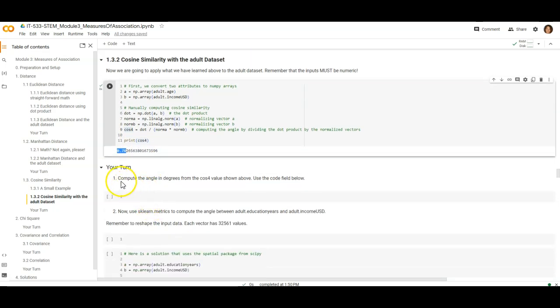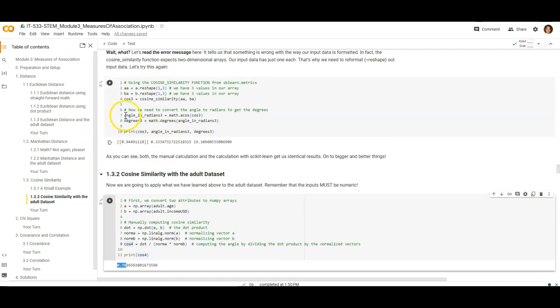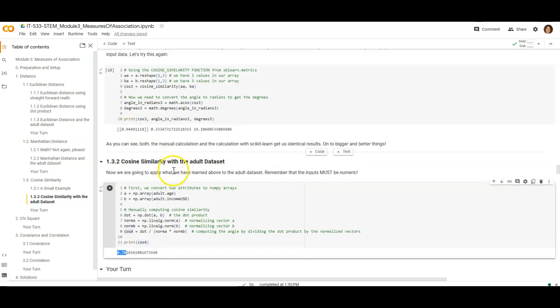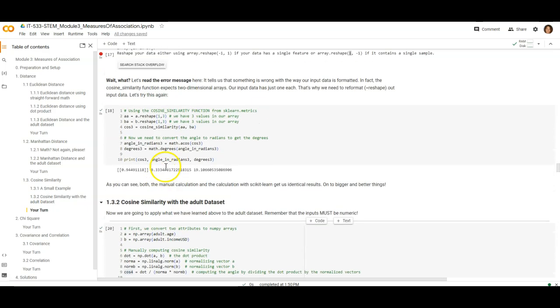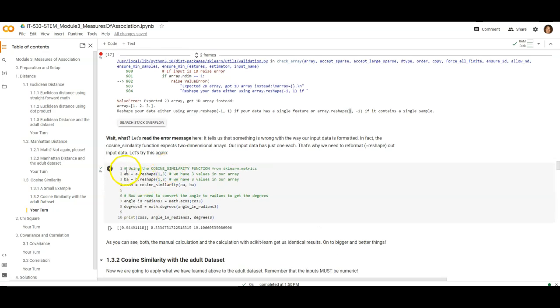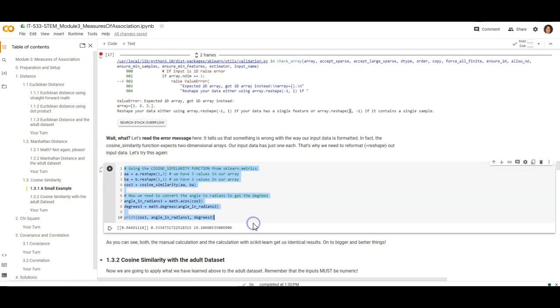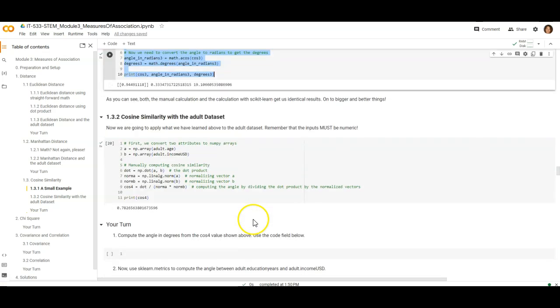I'm going to ask you here to compute the angle in degrees from this value here. And the way that you would do this is to apply the angle in radians and the degrees. And then I'm going to ask you to use sklearn metrics, which is this process to determine the cosine similarity, not between age and income USD, but between education years and income USD, as we did before.